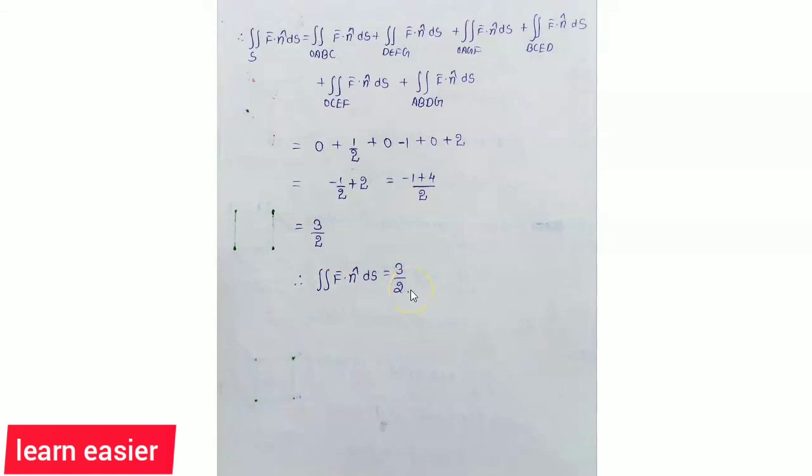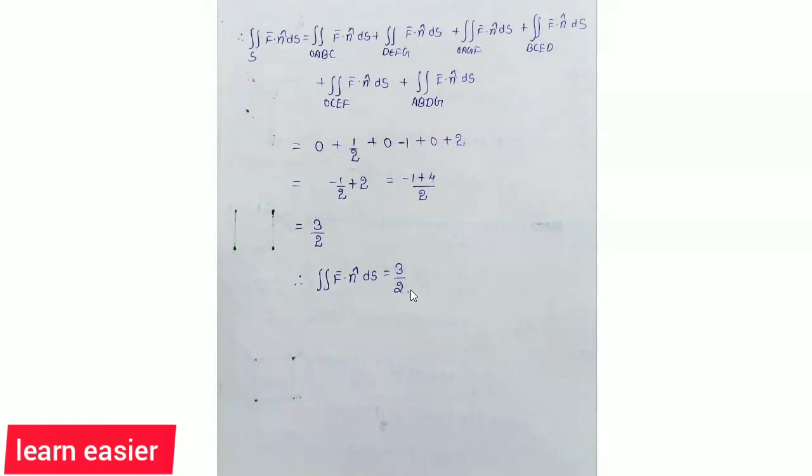So it is very simple to calculate the surface integral of the cube. For x is equal to 0 and x is equal to 1, we have taken the yz plane, and for y equal to 0 and y equal to 1, we have taken the xz plane, and for z is equal to 0 and z is equal to 1, we have taken the xy plane and the normal vector.